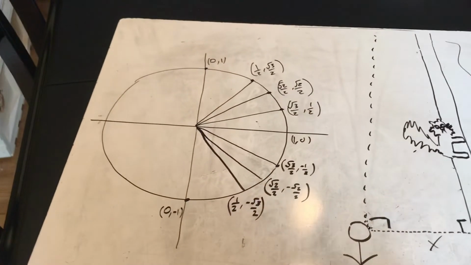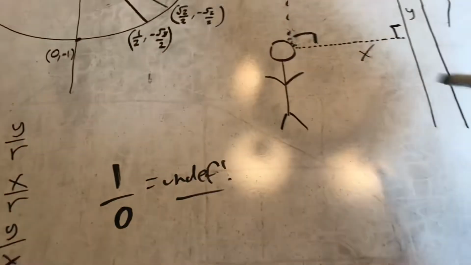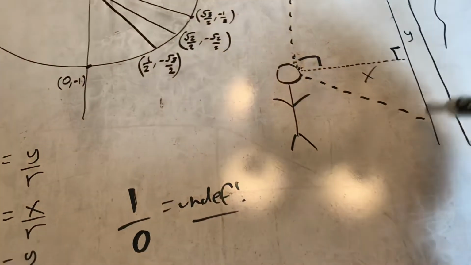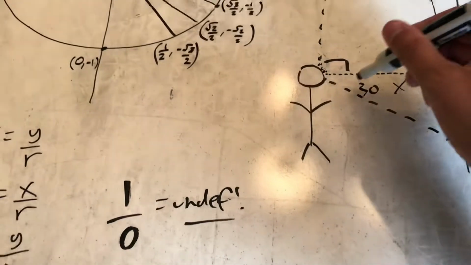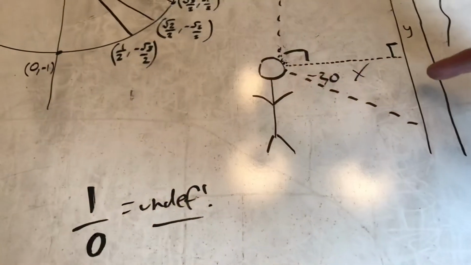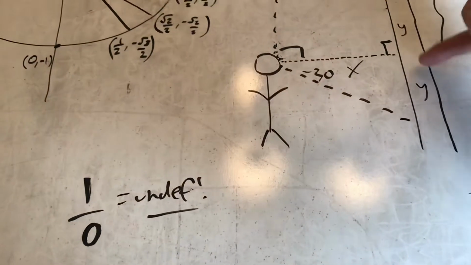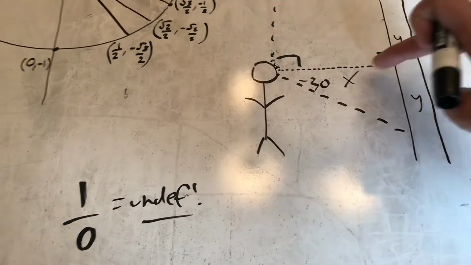As a side note, negative angles. You actually can think about negative angles in the squirrel problem. A negative angle would just be that you're looking down, okay? So like for a 30-degree angle, that'd be a negative 30-degree angle because you're looking down at a 30-degree angle. You can still do an opposite over an adjacent. The difference is that opposite side would read as a negative and your adjacent side would be the same.